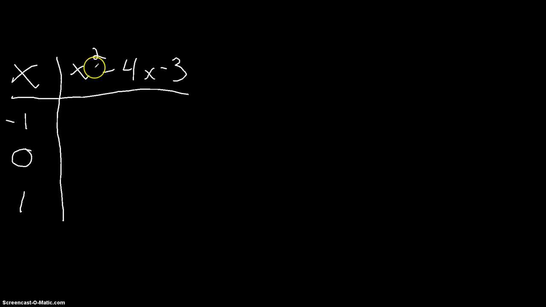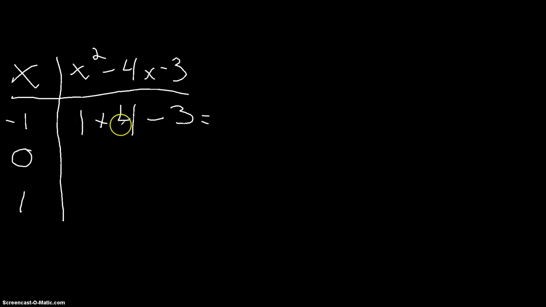Alright, so negative 1 squared is 1. And then minus 4 times x. So negative 4 times negative 1 is 4. And then minus 3.